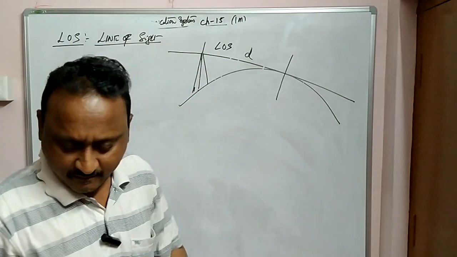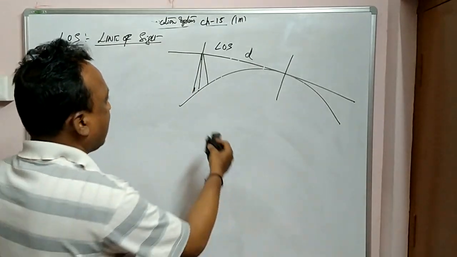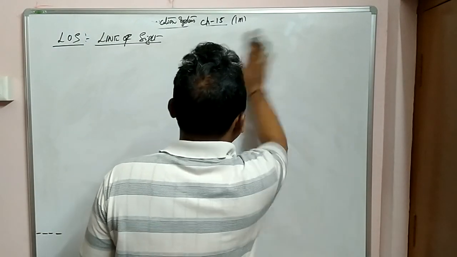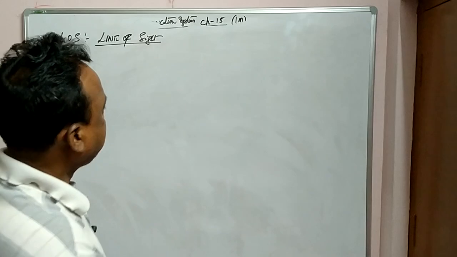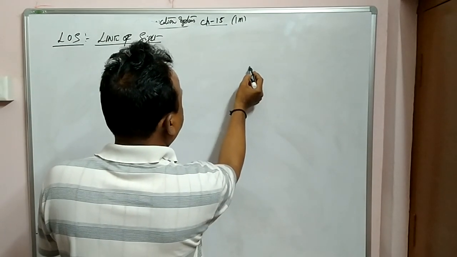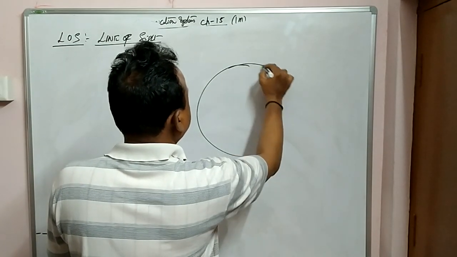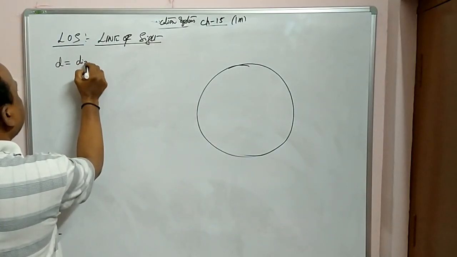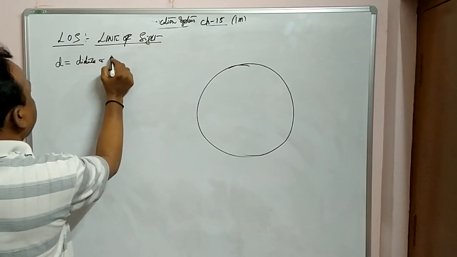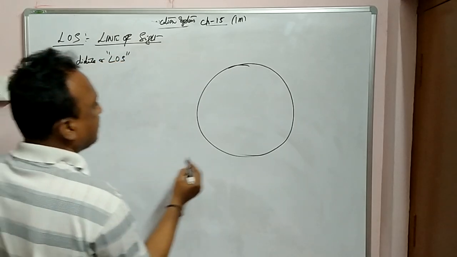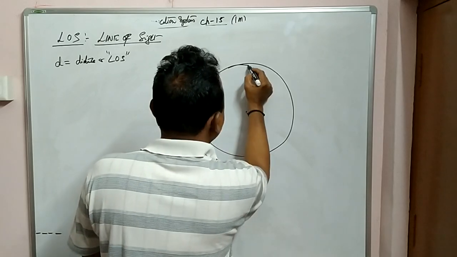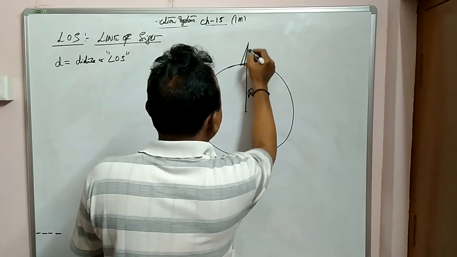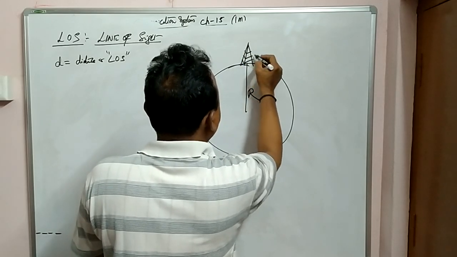Now for this, we have one small equation also. I will try to give that one. Line of sight, the maximum range distance up to which you can see. For that, for example, this is the earth surface. We will try to give that equation for D, the distance, line of sight, or LOS. So suppose this is the earth surface. Let us consider the radius is R. Now suppose there is an antenna somewhere here. Let this antenna be placed at some height h.